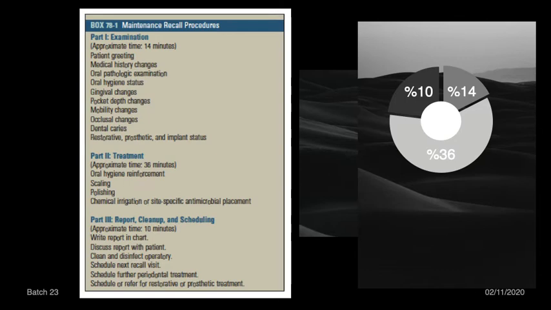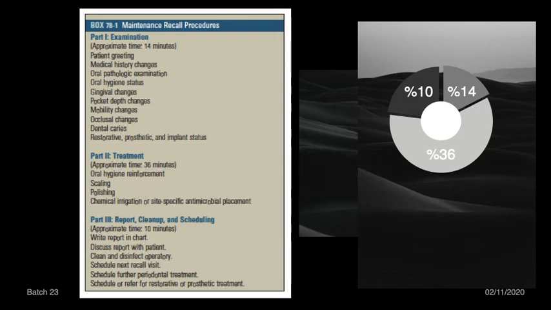During the examination part, as we have already discussed, it includes patient greeting, update in the medical history, update in the pathological examinations, extraoral, intraoral, soft tissue examinations, oral hygiene status, gingival changes, periodontal changes, changes in occlusion, dental caries, restorations, and prosthetics. All these should be examined and updated within that 14 minute period.